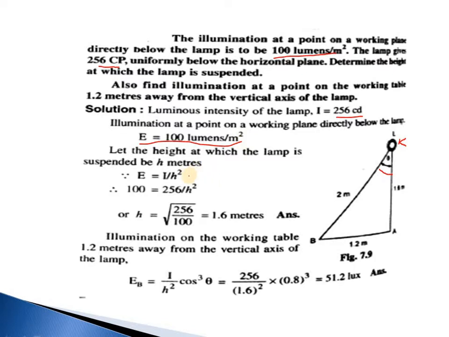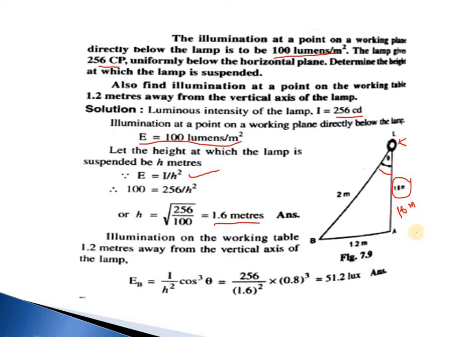Definitely E equals I by h square as per the formula. The value of E we know is 100, I is 256, and h we have to determine. We have found that the value of h, or height, is 1.6 meters. Not 16, this is 1.6.